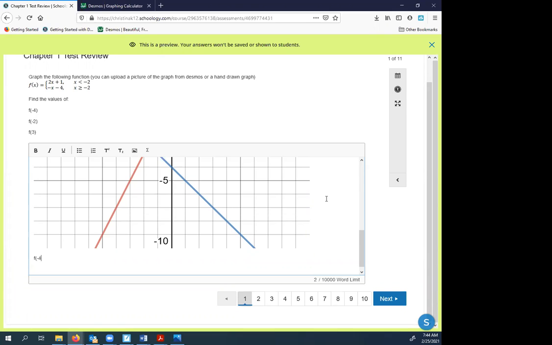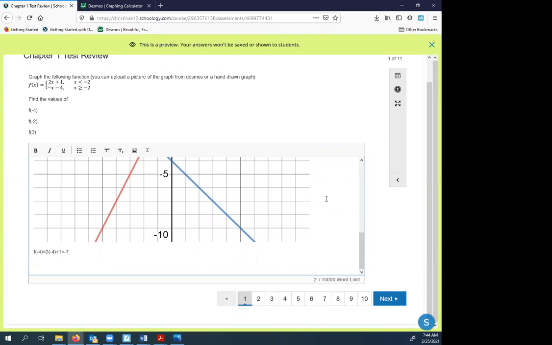F of -4. So -4 is less than -2, so I'm just going to plug into the top one here. So f of -4, all I did was 2 times -4 plus 1. 2 times -4 is -8 plus 1 equals -7. Okay, f of -2.